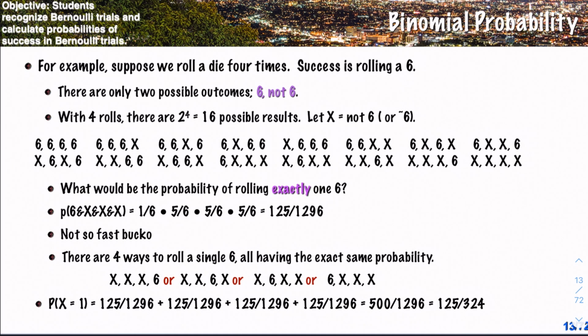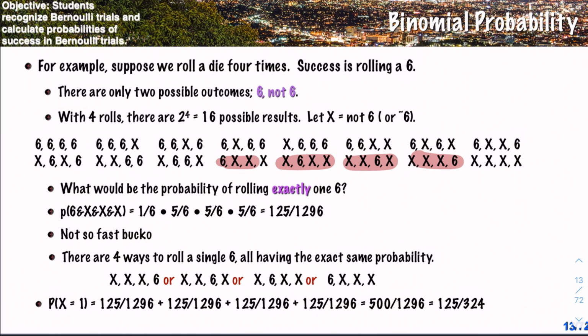But order doesn't matter because 6s are indistinguishable from each other. So what would be the probability of rolling exactly 1 6? Well, look at the number of things that we have. We are looking for the ones that have exactly 1 6 out of the total 16. Well, think about that.